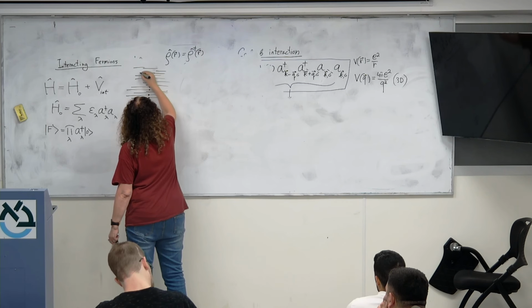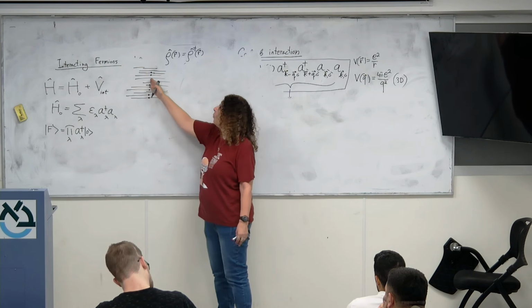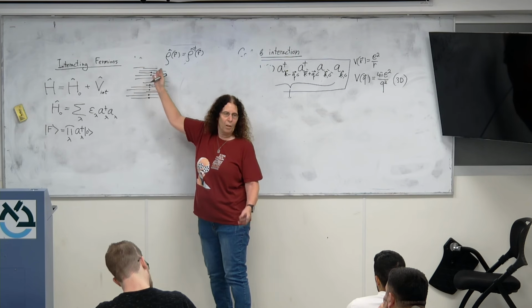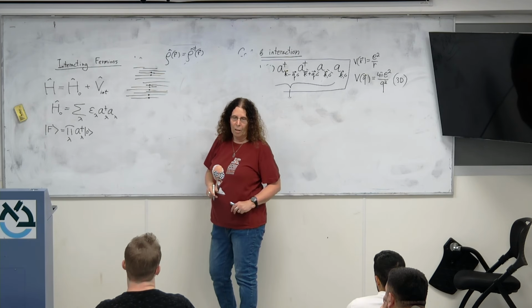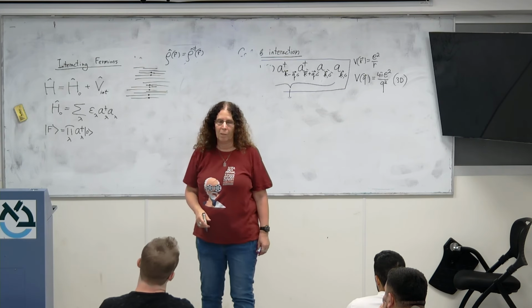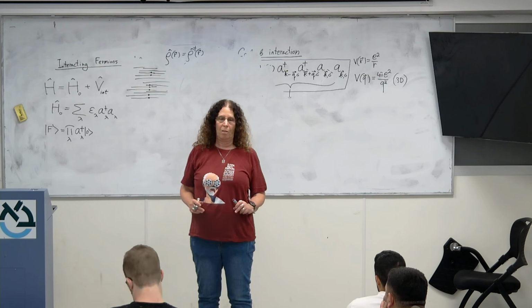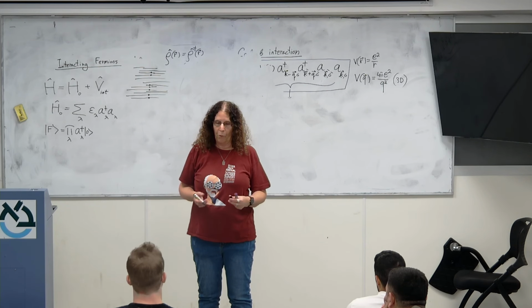So I can have some states occupied, and some others empty. This is the most general case. However, what is going to be the ground state? The ground state is the lowest energy state. What is it for fermions?